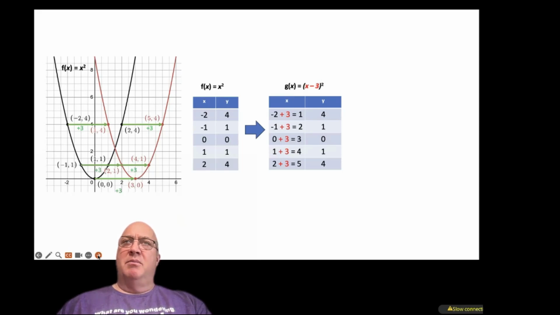Again, we are moving the input values 3 units to the right, but the output values are staying the same. We're still going to square, but what has to happen before the squaring action in order for us to get the same outputs? You can see that now in the table of values.